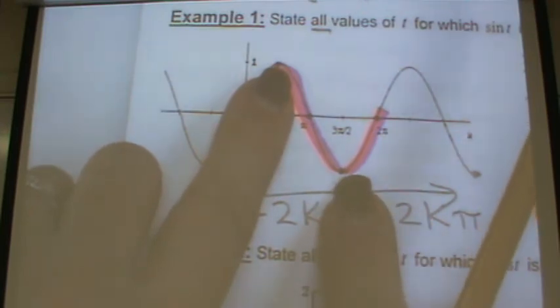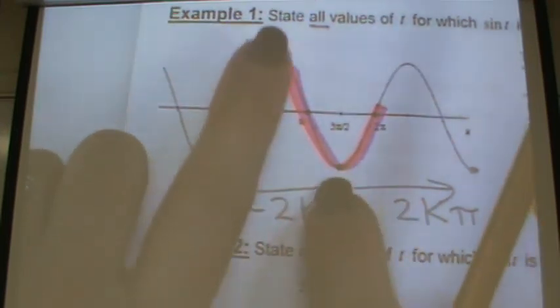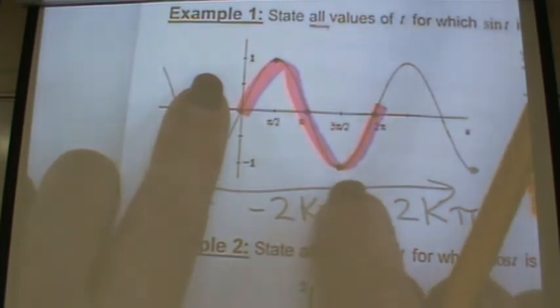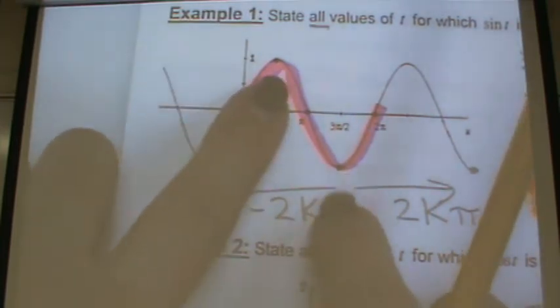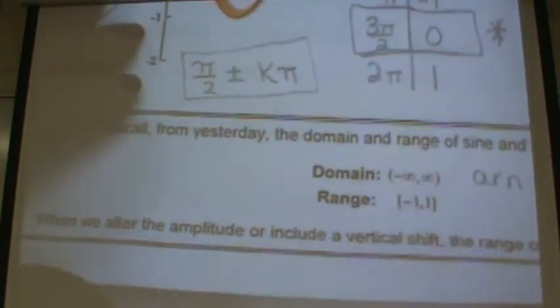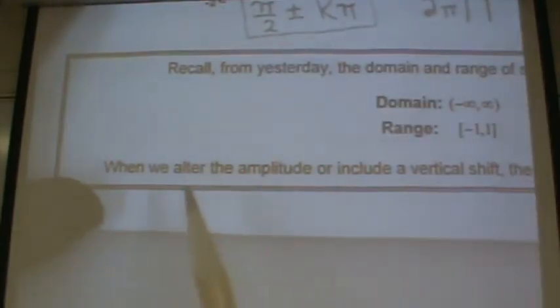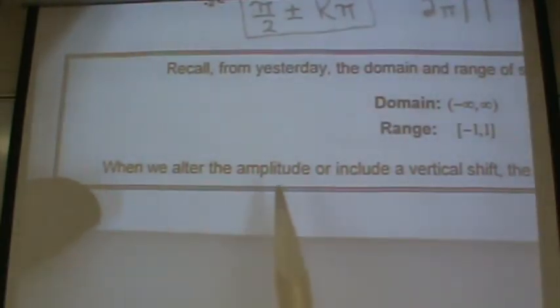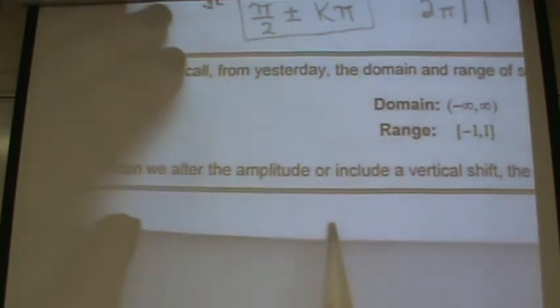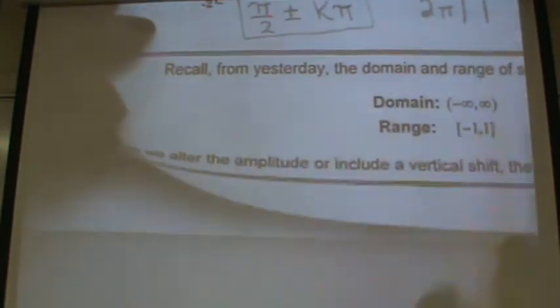So the range was from -1 to 1. Make sure when you do your range, you always do the smallest number and then the largest, okay? So now, we will alter the range when there's a vertical shift or a change in the amplitude. Do you remember us talking about this yesterday? So here's an example, look at the back.